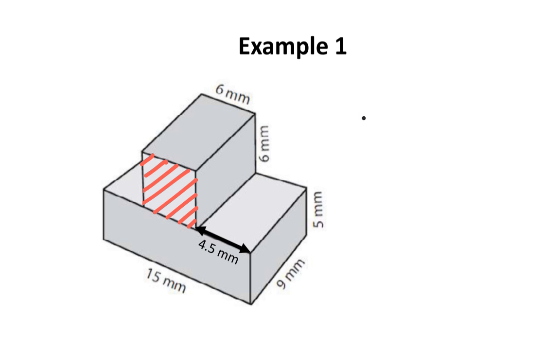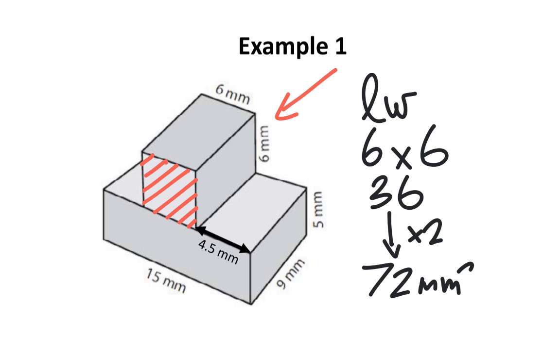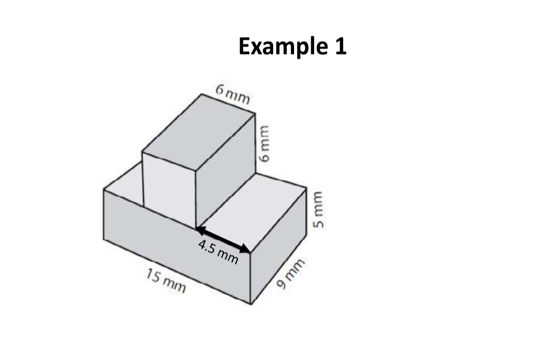The area of a square is length times width. The length is 6 and the width is 6. 6 times 6 is 36. However, this face is duplicated on the other side of this composite figure. Therefore, I'm going to take my 36 and multiply it by 2, which is going to give me 72 millimeters squared.